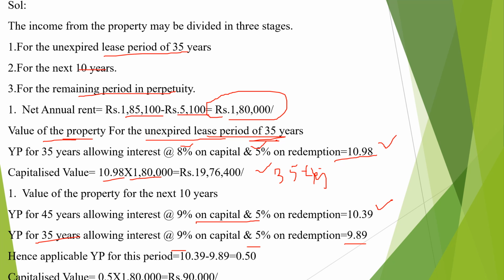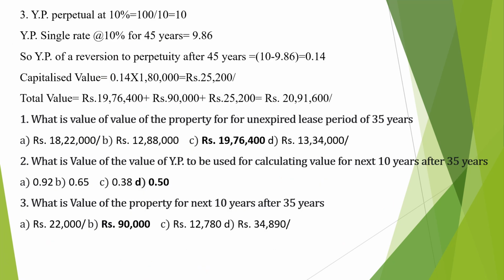So the YP applicable in this period will be 10.39 minus 9.89, which is 0.50. So 0.5 is the YP for this period, and 1,80,000 is the net rent, so the value will be 90,000 for this period. So for the first period it is 19,76,400, and for the next period from 35 to 45 years the value is 90,000.